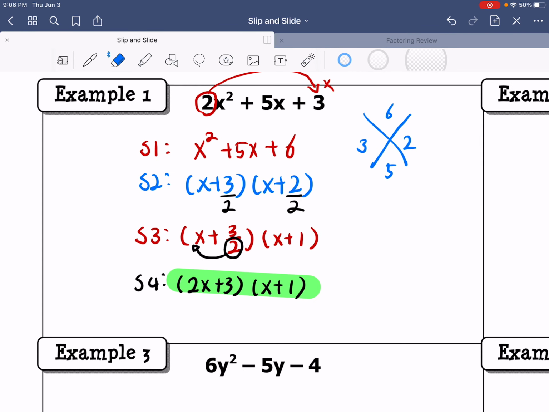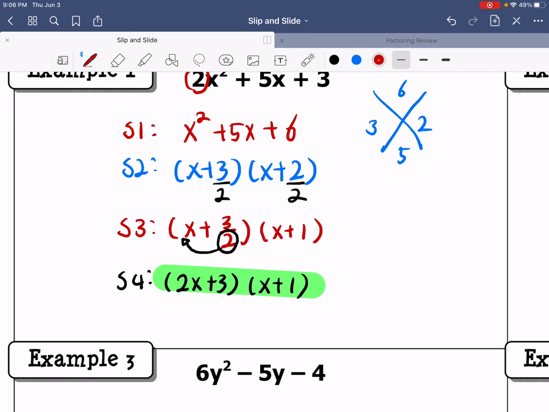So, factoring is making things look different, which means when you multiply it back, 2x times x, you get 2x squared. You should get exactly the same thing.